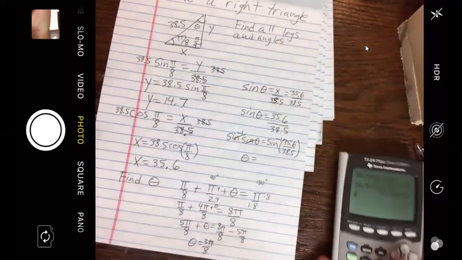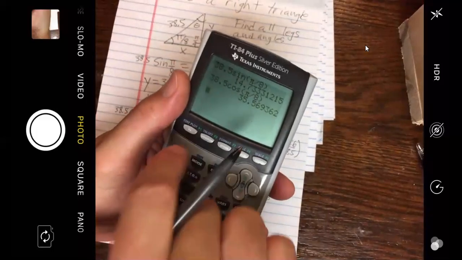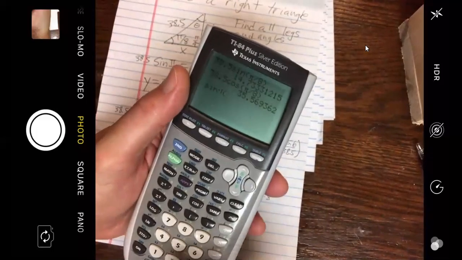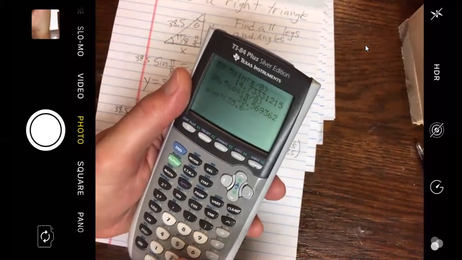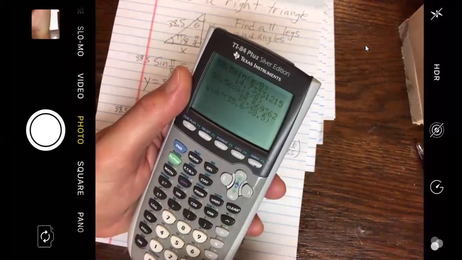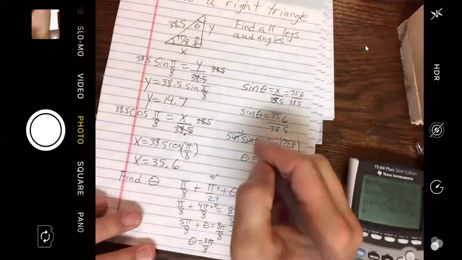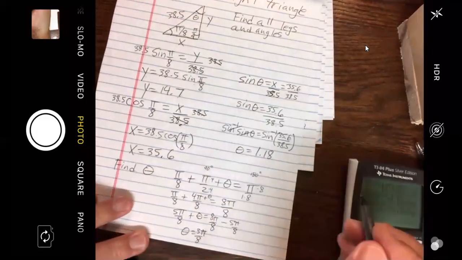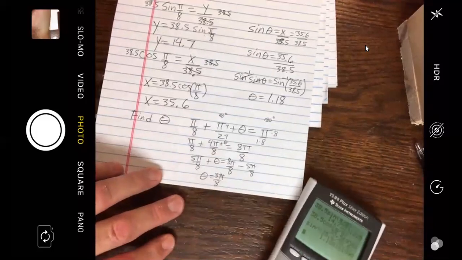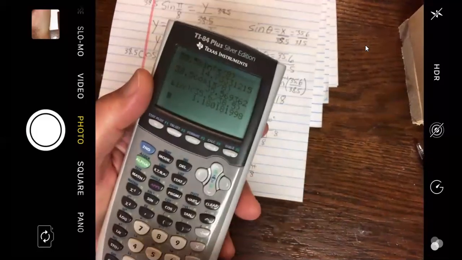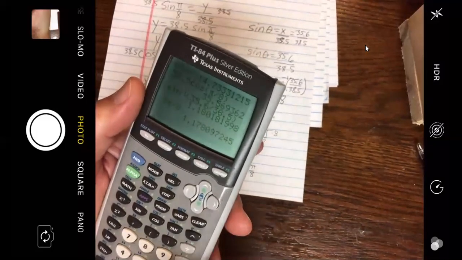And the answer comes out in whatever mode you're in, and we're in radian mode, so it's going to come out in decimal radians. I put inverse sine of 35.6 divided by 38.5. It comes out 1.18 radians. If you want to double check it with this, 3 pi divided by 8 is 1.178.